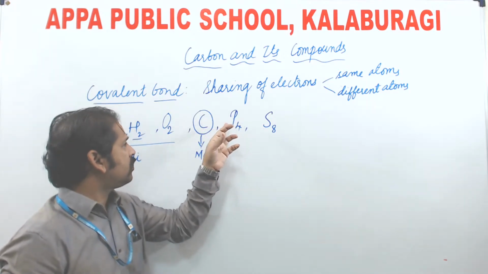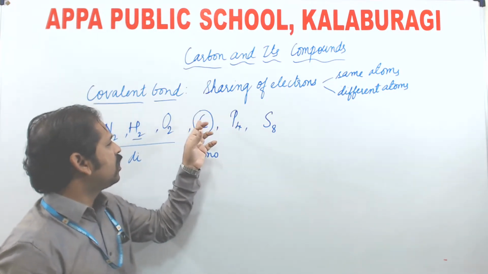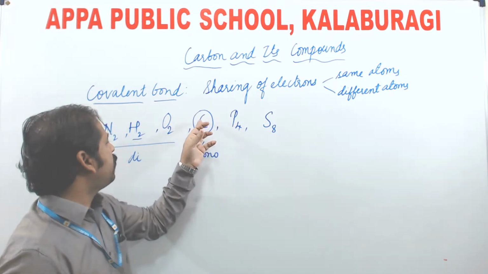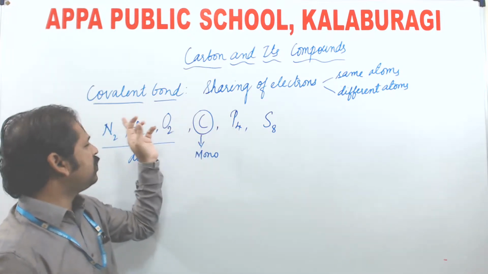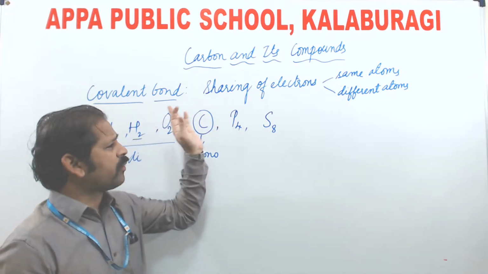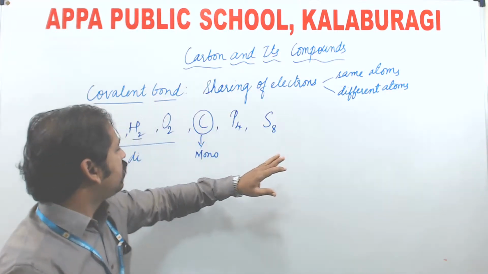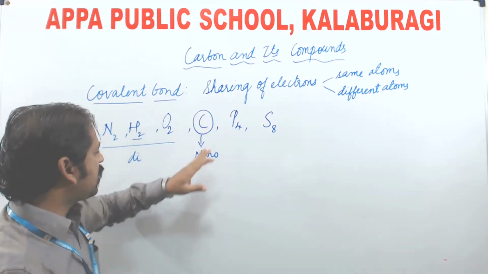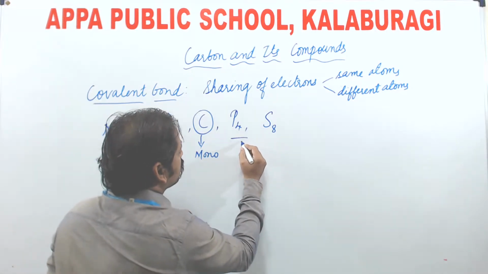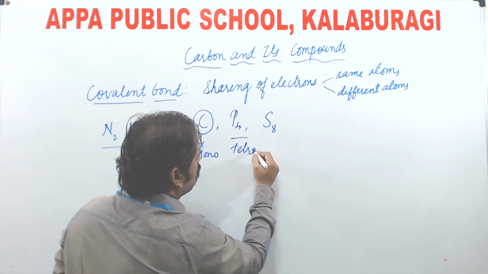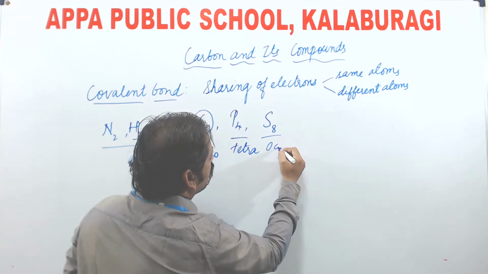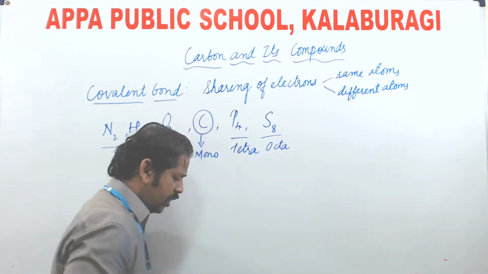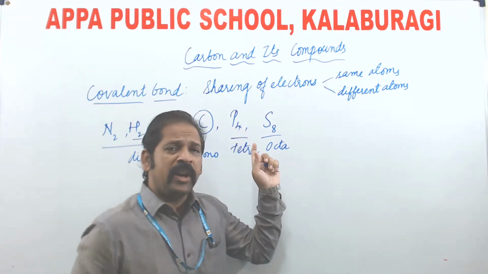Carbon will share with oxygen, with phosphorus, with hydrogen, with nitrogen. A lot of chemicals are there with carbon, because carbon is monoatomic, phosphorus tetraatomic, sulfur octaatomic, which is also called polyatomic.